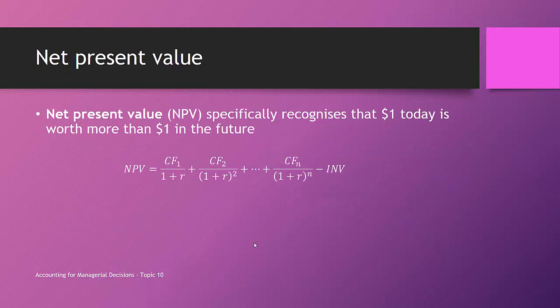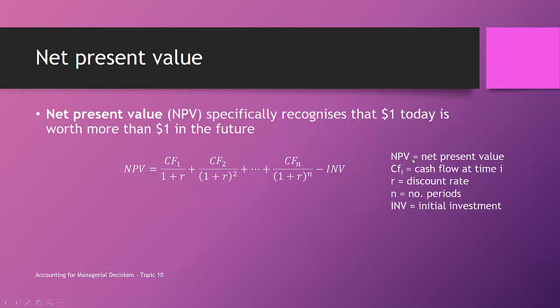And finally, net present value. Net present value specifically recognizes that $1 today is worth more than $1 in the future. So the calculation involved, incorporating this time value of money element, is the cash flow at time 1 divided by 1 plus the discount rate.